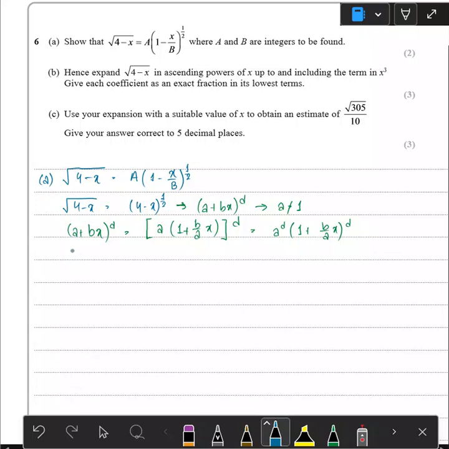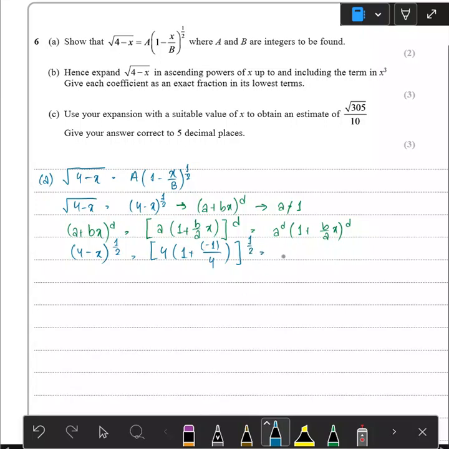Now, for the given expression, (4 minus x) to the power half, in our case a is 4, b is negative 1, and d is half. So if I take the a out, plus b is negative 1, this can be written as negative 1 by a, which is 4 again, bracket close, whole to the power d, d is half.